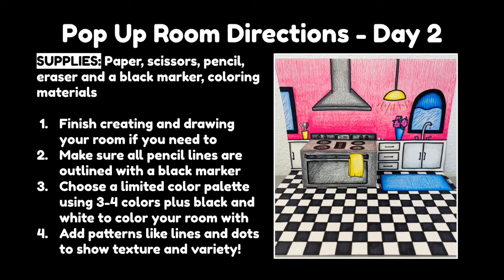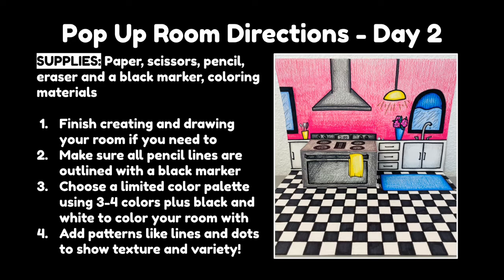So let's go over the directions for day 2 of our pop-up room. For your supplies today, you will need your room drawing from last time. And if you haven't started, you'll need a piece of paper, scissors, a pencil, an eraser, and a black marker to outline. Then we'll also need some coloring materials today. For mine, I used markers and colored pencils.